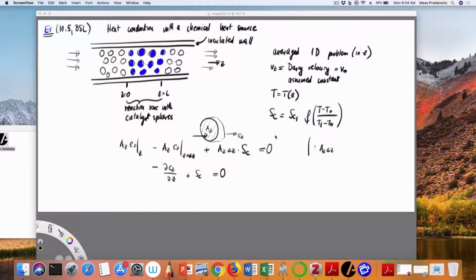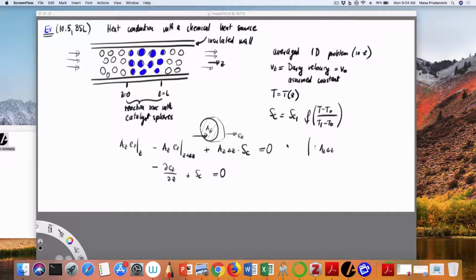So I'm treating this as a volumetric term. But if my heat source, for instance, was this boundary, which is right now an insulated wall, then I could treat it using boundary conditions. So there are different ways to deal with sources, but in this case, the volumetric term is more applicable.